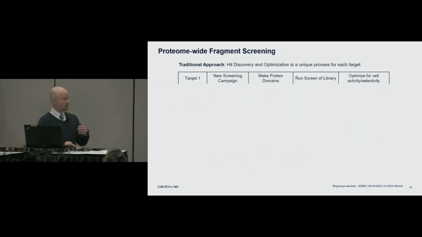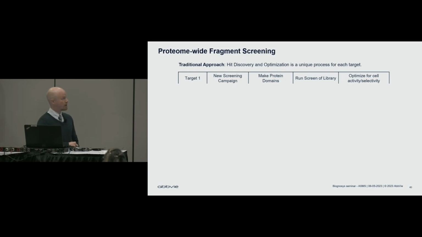And so just to give you a brief overview of the traditional way of doing this versus the way that is increasingly being adopted: traditionally, when you're developing a high throughput screening campaign in the pharmaceutical industry, there would be a target that's selected based on prior biology in the literature or POC data that's been generated. Then we have biochemists that are making those proteins or expressing domains of those proteins.